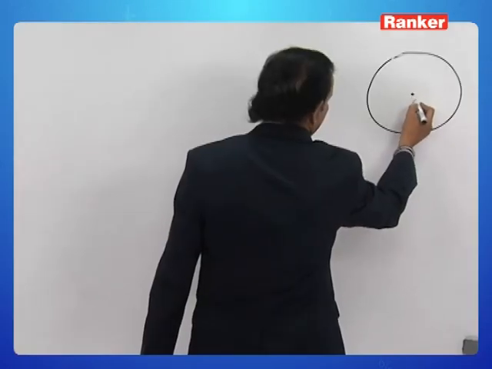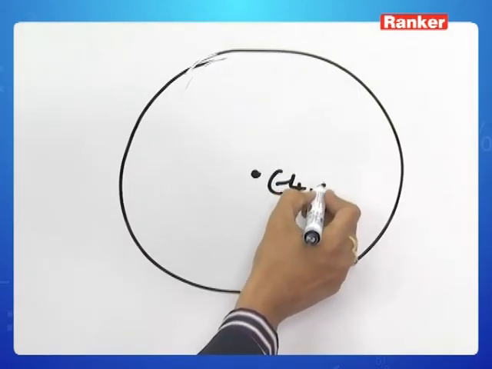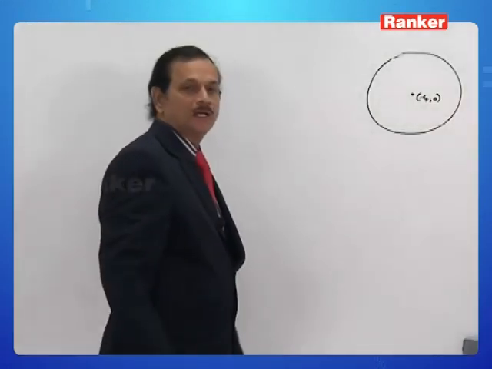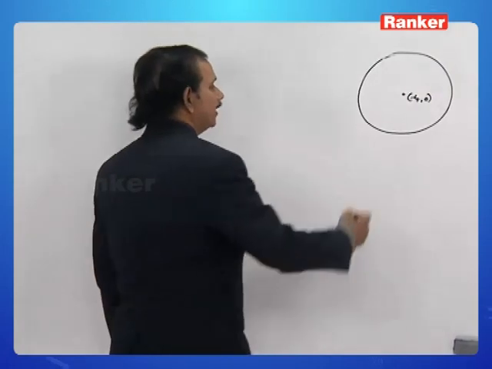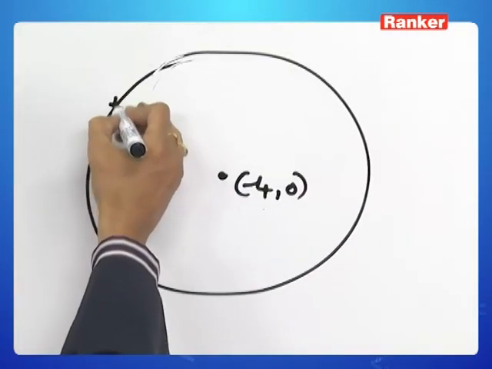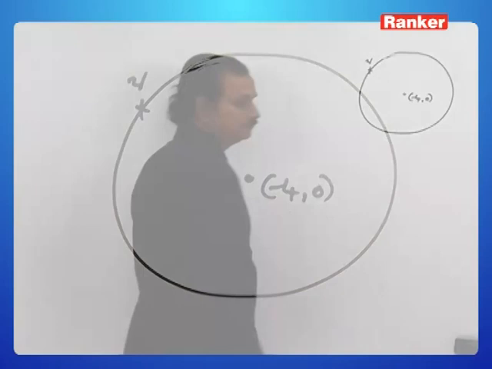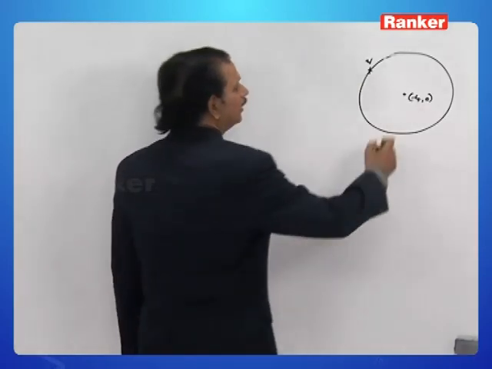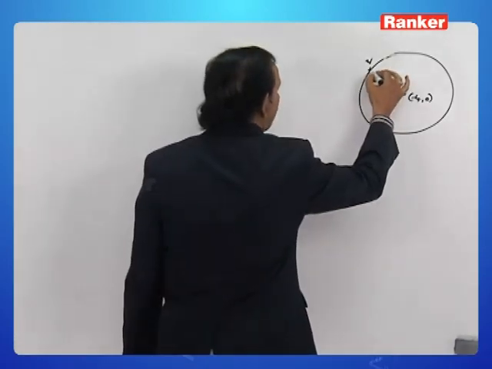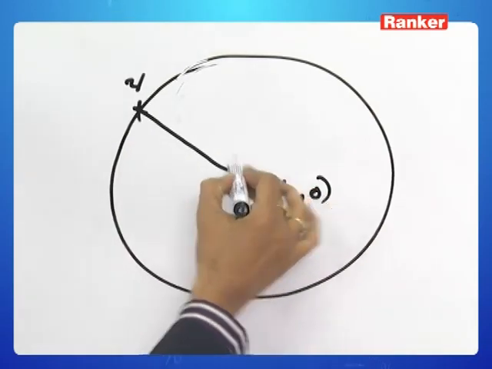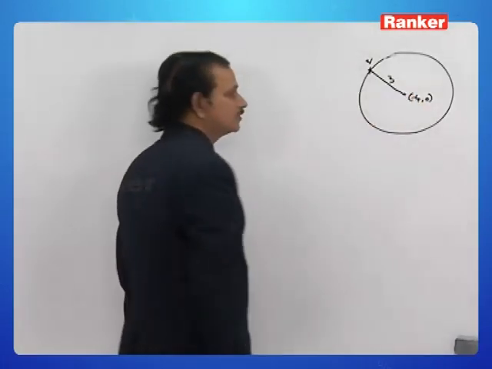What is the center of the circle? Imagine that the complex number is here, z. What is this distance? Radius.